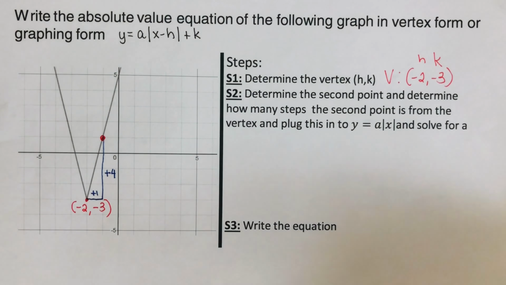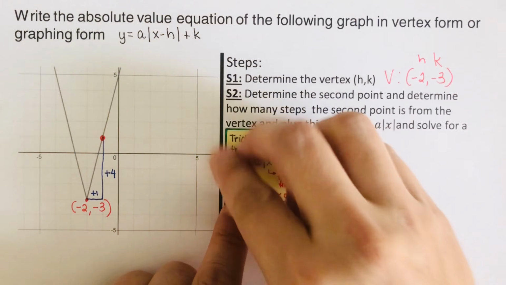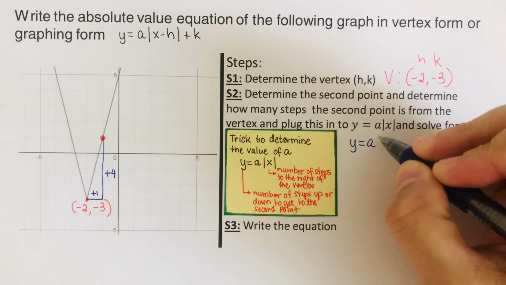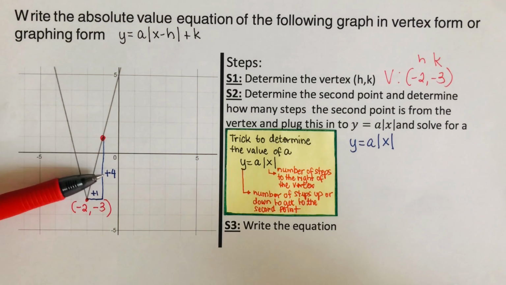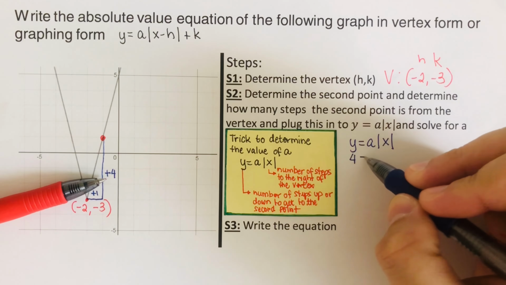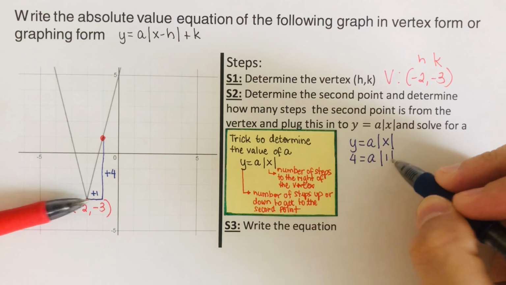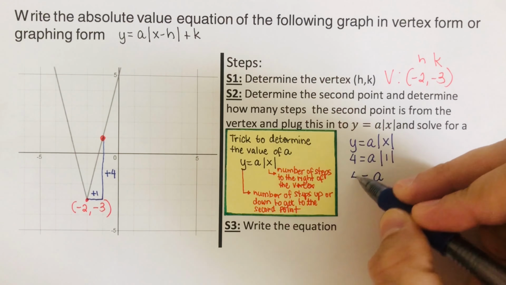So then from here we use the trick that we just used from the previous numbers that we did. So that is y equals a absolute value of x. Again, our y is 4 equals a, our x is 1. And so 1 times a is just a is equal to 4.